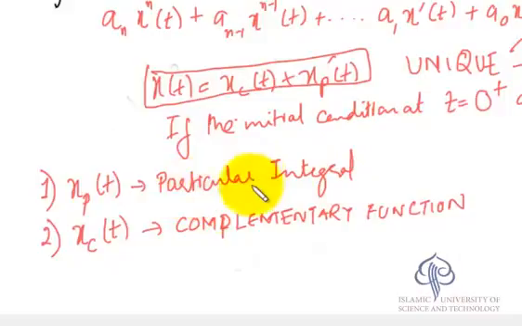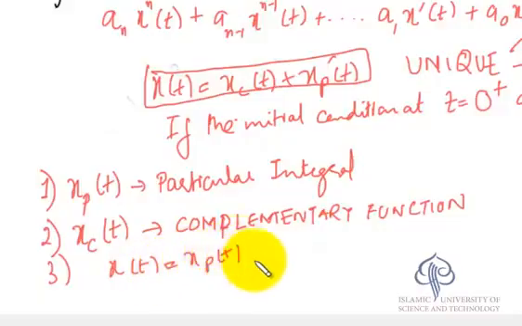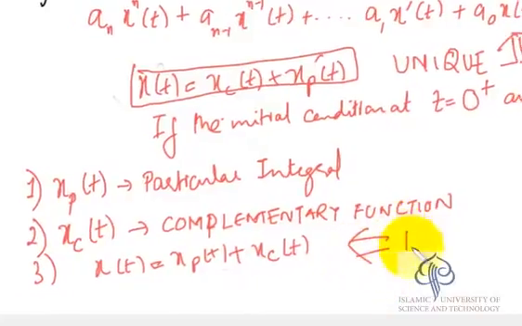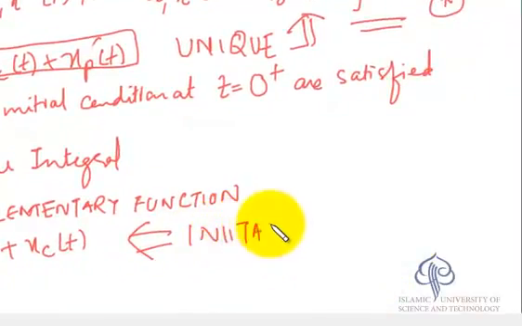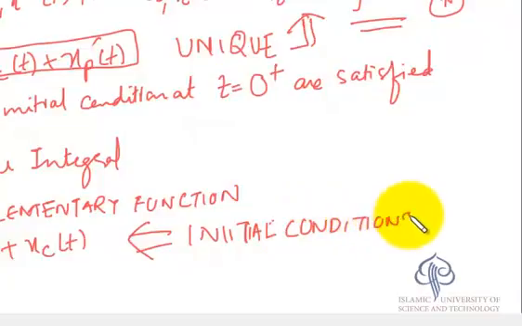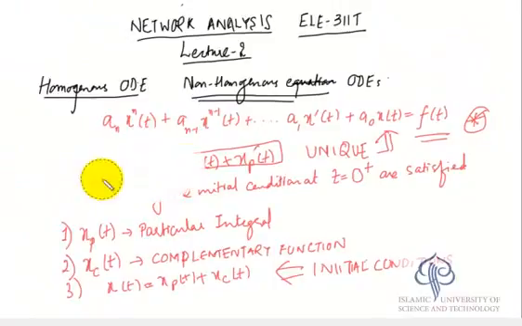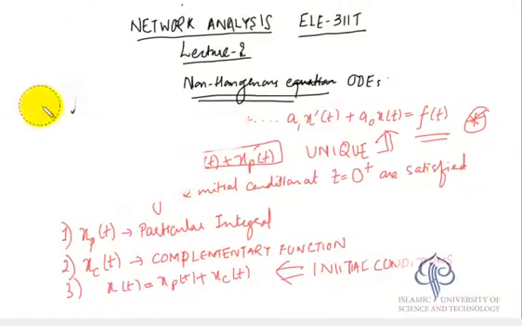So you find the particular integral, you find the complementary function, you write down the solution as the sum of the two, and you make it unique by substituting the initial conditions. So these are the steps needed to solve a non-homogeneous differential equation. Many of these you have done before, but still, to make this clear, we're repeating it.